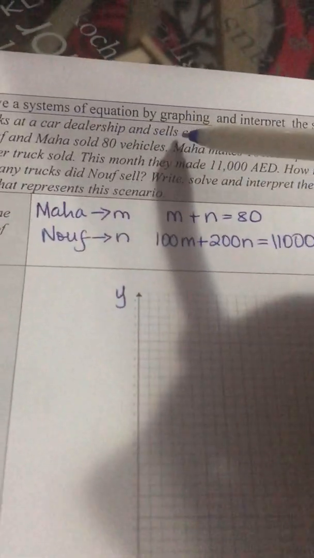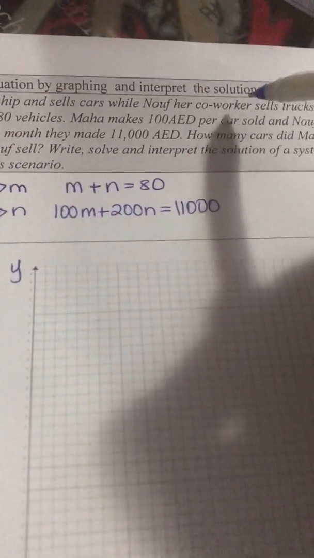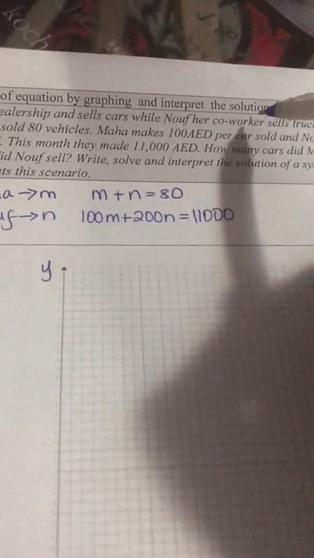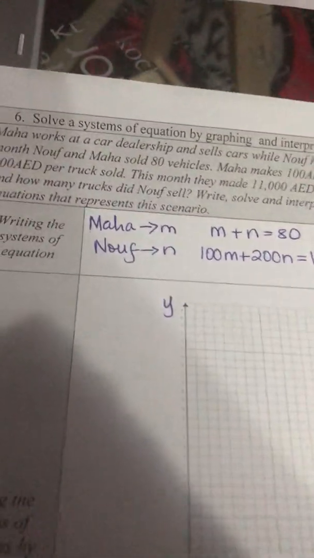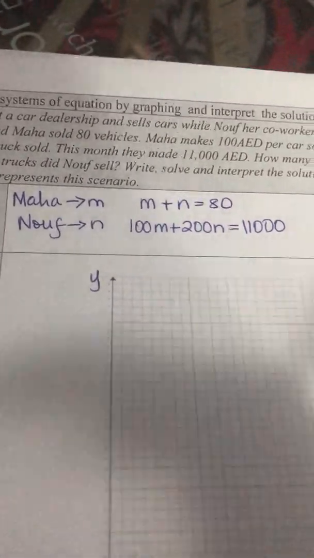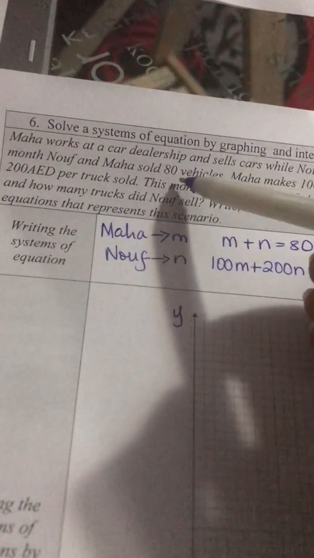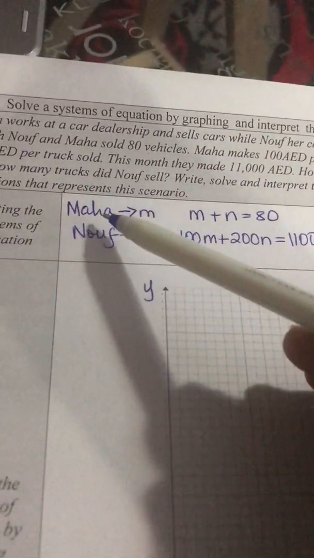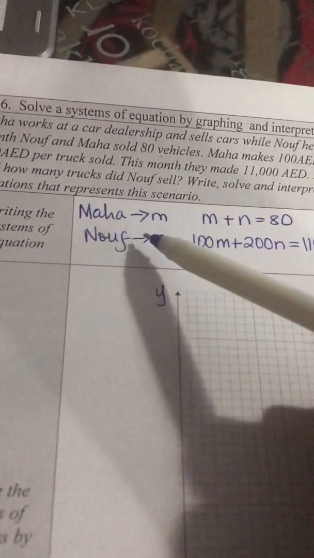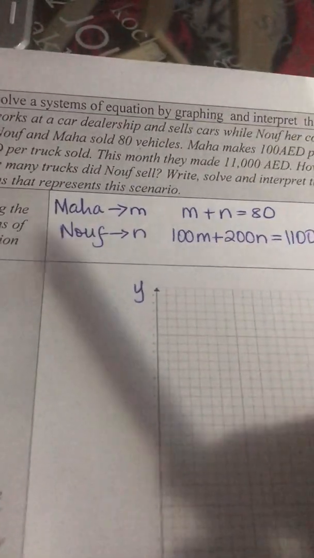Maha works at a car dealership and sells cars while Noof, her co-worker, sells trucks. So Maha and Noof work at the same place, but Maha sells cars and Noof sells trucks. This month, Noof and Maha sold 80 vehicles. So I said M will represent Maha and N will represent Noof.